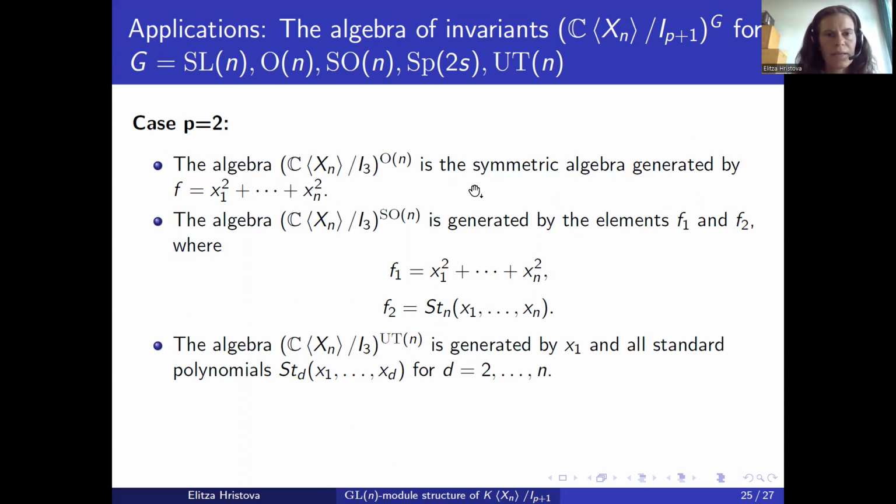When we take the algebra of O_n invariants, then this is a polynomial algebra, a free commutative algebra, which is generated by one element, this quadratic form.